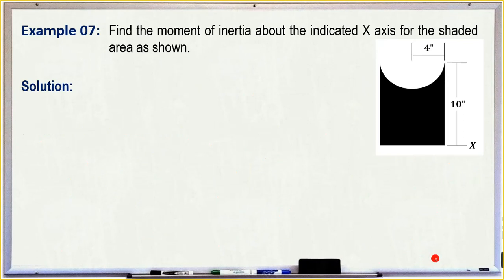So, we have here, problem, find the moment of inertia daw about the indicated x-axis for the shaded area as shown. So, along this axis kani. First things first is we need to break down this composite area into simpler figures.